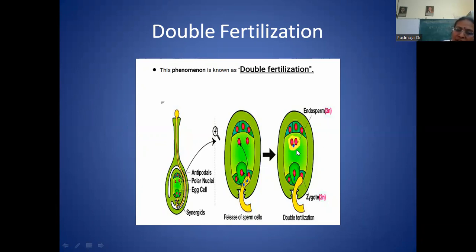Here fertilization is taking place two times in a single embryo sac. It is called double fertilization in angiosperms. As a result of this double fertilization, the zygote is formed and the endosperm is formed. This zygote will develop into the embryo, and this endosperm gives nourishment for the developing embryo.